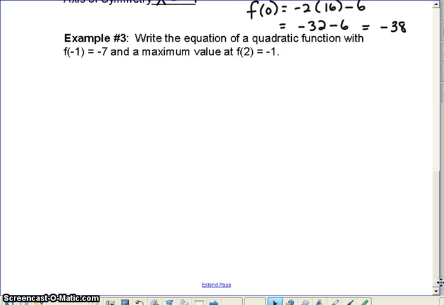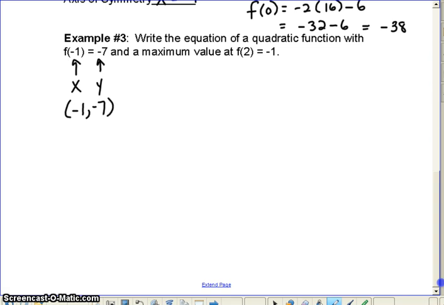Example 3, write the equation of a quadratic function with f of negative 1 equal to negative 7 and a maximum value at f of 2 equals negative 1. So we're going to look at this and decide what all this stuff means. Negative 1 is x, okay? The output is y. So that's the point negative 1, negative 7, x and y.